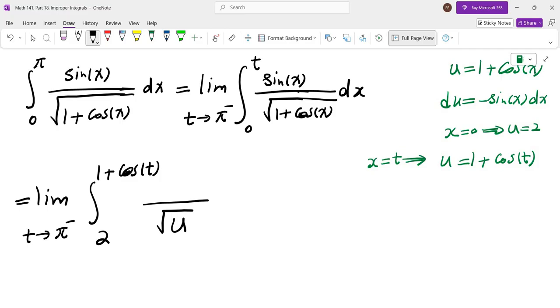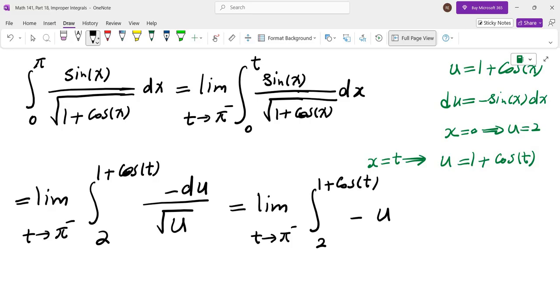And the numerator, which is sine x dx, is negative du. So we can integrate this. This is by power rule, easy to integrate. So integral from 2 to 1 plus cosine of t. And this is minus u to the power of negative 1/2 du.